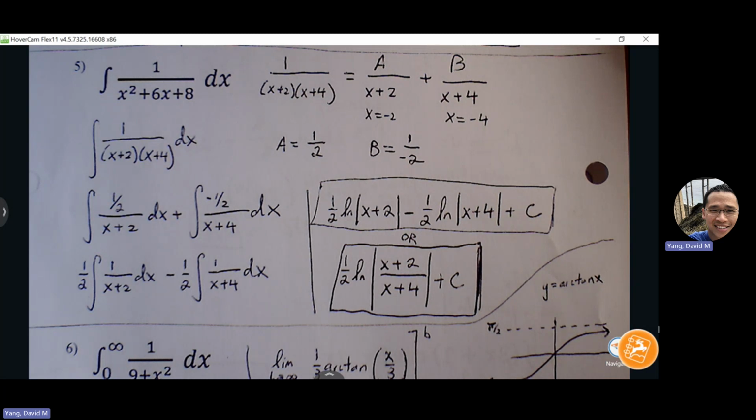Just be careful that sometimes your u value may require a bit more attention, especially if there's a coefficient that's going to come out of u substitution, and you have to keep track of that coefficient. In this case, though, the x plus 2 and x plus 4 both produce a derivative of 1, so they'll just be quick and easy natural log absolute value of u.